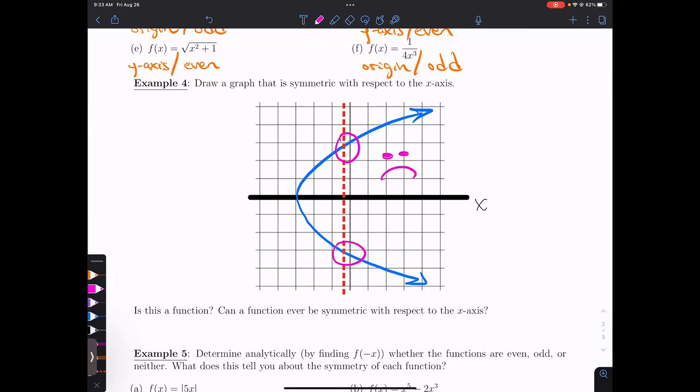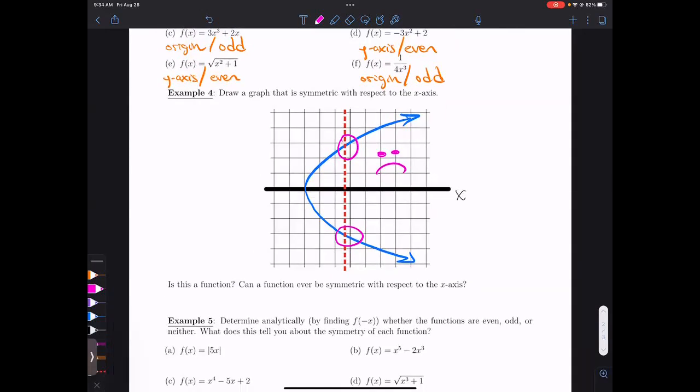Well, is it because I just happened to draw this one? Check yours, whatever you came up with as an example of something that's x-axis symmetric. Still fails a vertical line test, right? Because being symmetric relative to that line means everything up here has a buddy down here, right? Well, that's an x value that's got two y's with it. So can we ever have a function that's symmetric with respect to the x-axis?